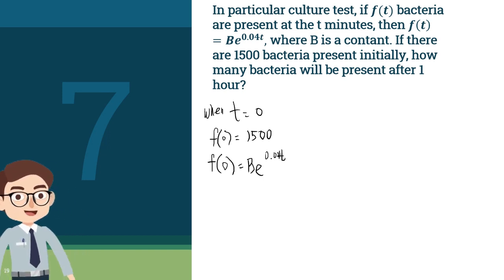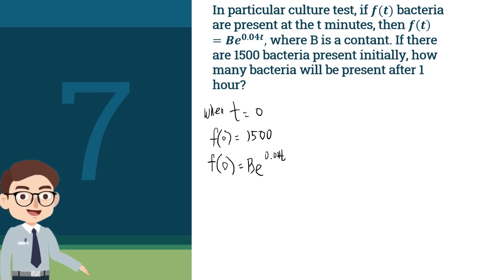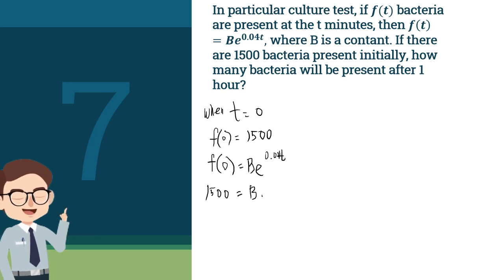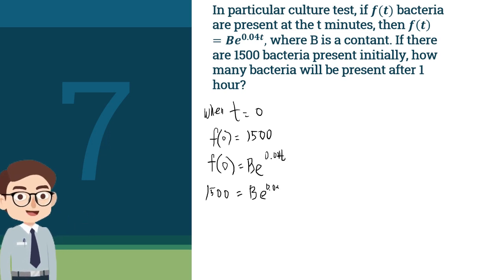Okay, so we will substitute the value of f of 0, that is 1,500, is equal to b e raised to 0.04 multiplied by t, which is 0.